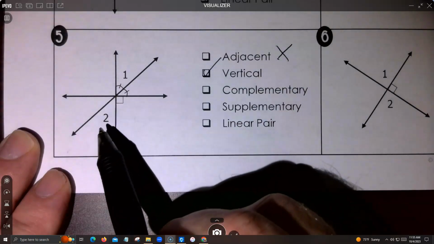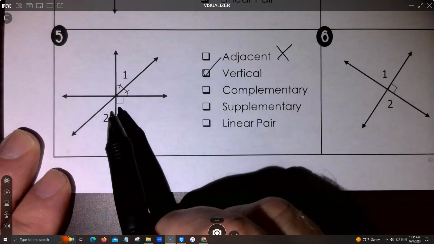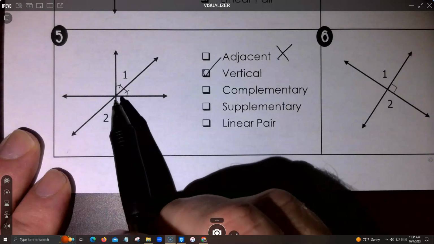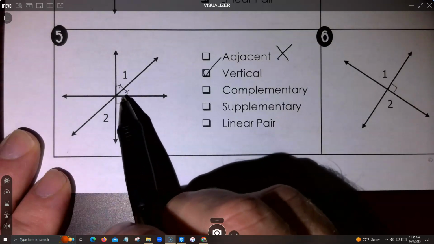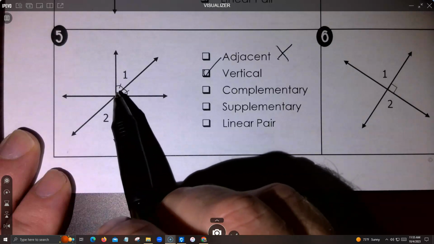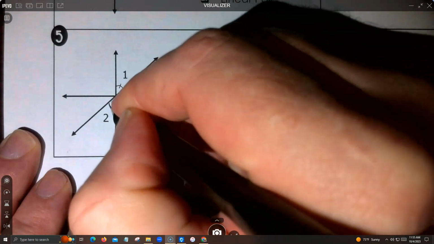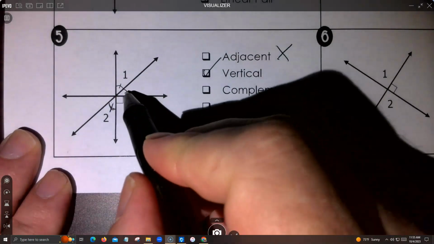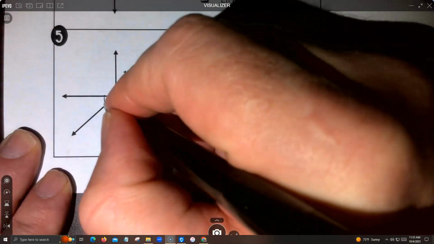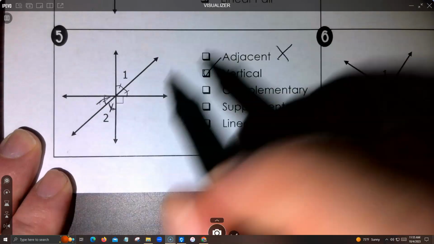Okay, so here's the trick on this one. If this is 90 degrees, and these two are marked congruent, that's what these little symbols mean, and these two are equal to each other, that means this has to be equal to this one. And if that's true, then this one has to be equal to this one because these are vertical angles as well.